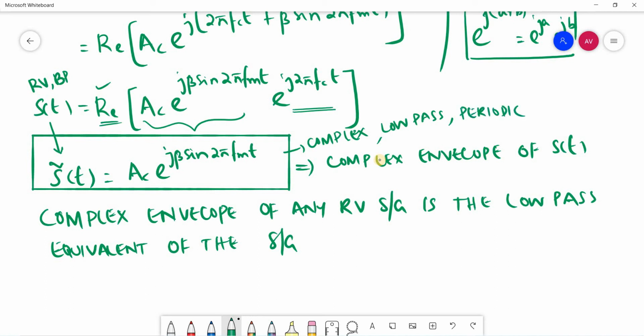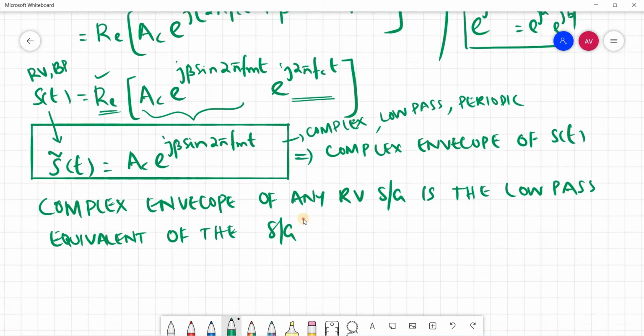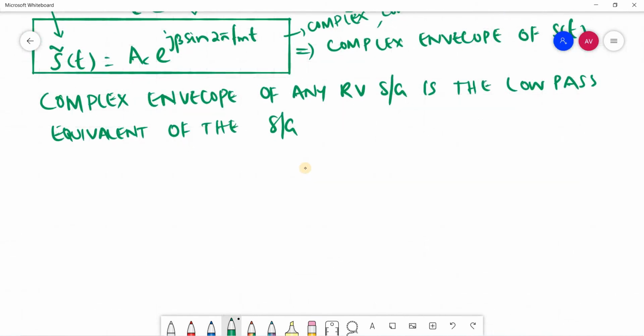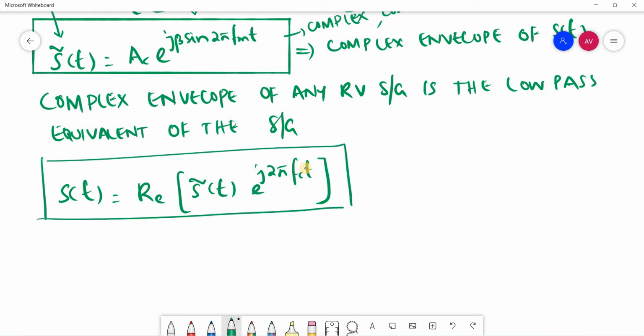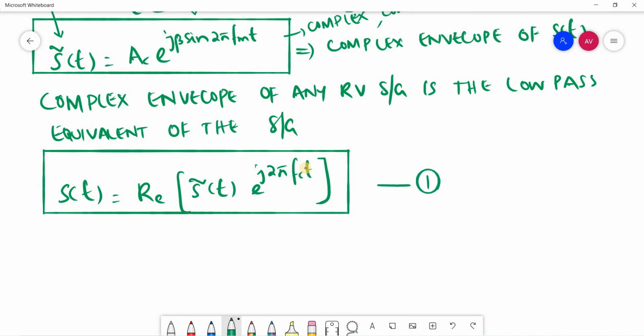So I'll write s of t in terms of s tilde of t: s of t is the real part of Ac e power j beta sine 2 pi fm t, which I am writing as s tilde of t, times e power j 2 pi fct. Let's call this equation number 1. We'll come to it later.